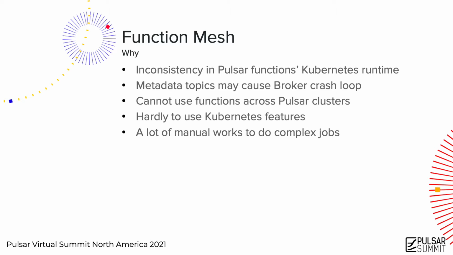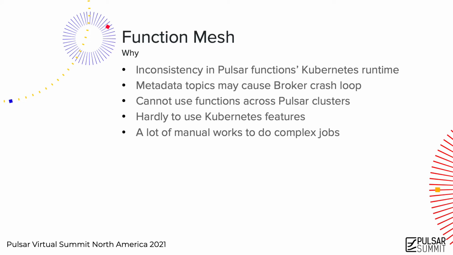Before digging into function mesh, I would like to talk about some pain points of Pulsar functions and why we built function mesh. If you are familiar with the Pulsar functions worker, you may know that Pulsar functions do have a Kubernetes runtime. But with the Kubernetes runtime, function metadata is stored in Pulsar and the function running state is managed by Kubernetes.